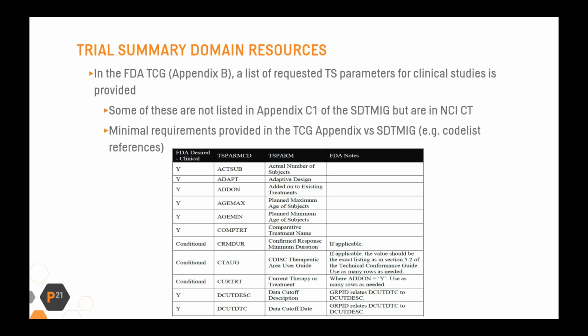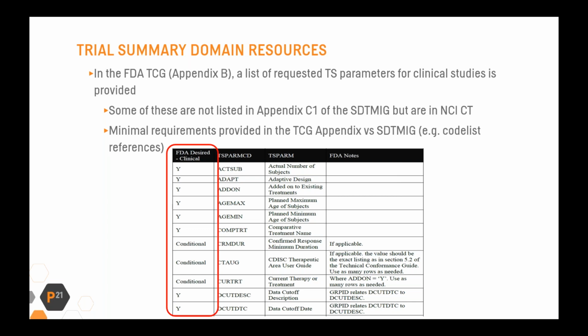There's not as much detail in the TCG for some of the parameters in terms of what code list to use, etc., as compared to the SDTMIG, but they do tell you which ones are required, or in this case, they're saying FDA desired. So any time this column is populated with a Y means that it should be included in the trial summary domain.